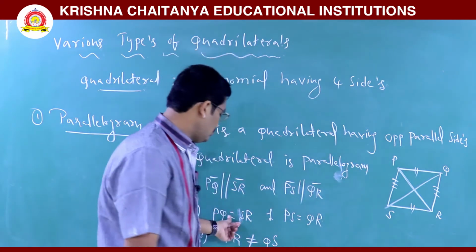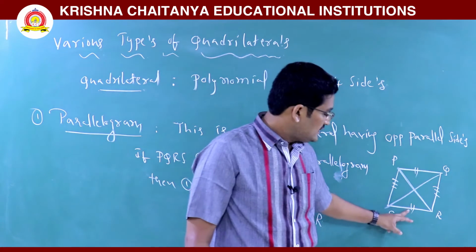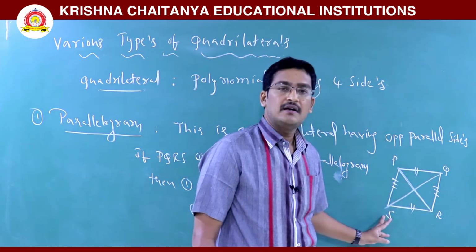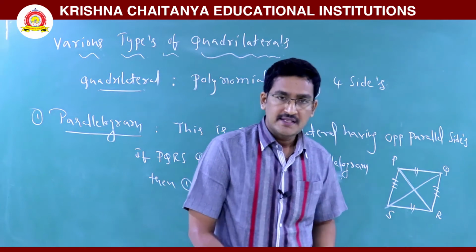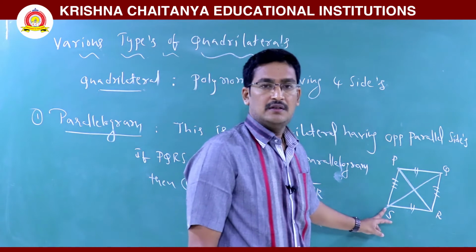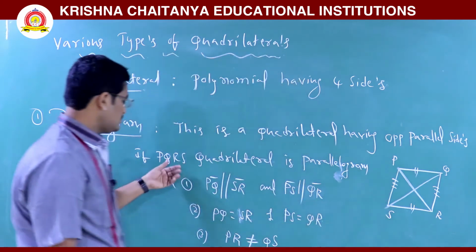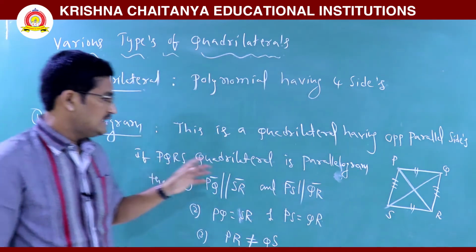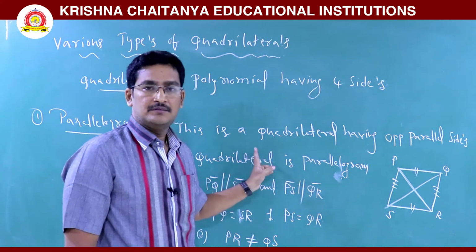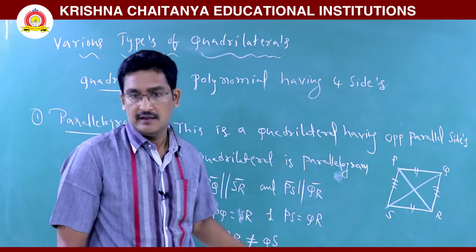Parallelogram has 2 opposite equal sides, opposite sides parallel and equal, and length of the diagonals are not equal. So, if PQRS follows these 3 conditions, then you have to say that quadrilateral PQRS is said to be parallelogram. This is first type of quadrilateral, okay.